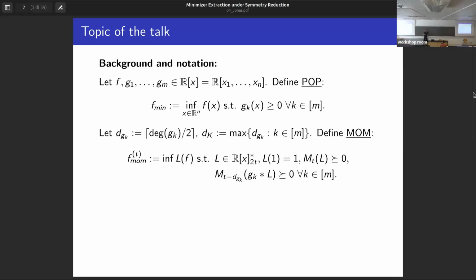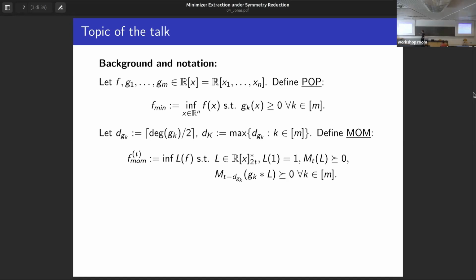The moment relaxation at a given order t is defined as follows: you want to construct a linear functional which takes as input polynomials up to degree 2t. First of all, you normalize this linear functional by enforcing that it evaluates 1 to 1.